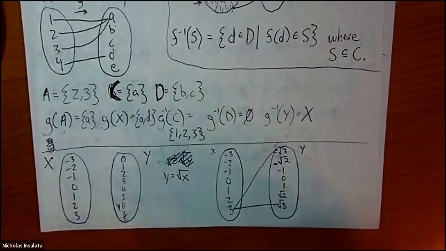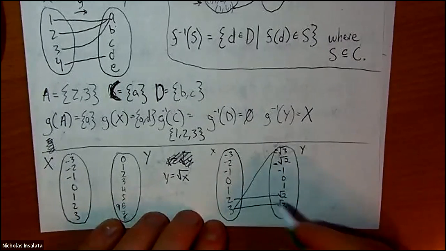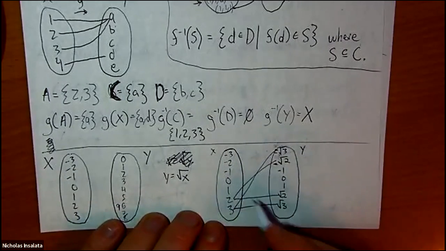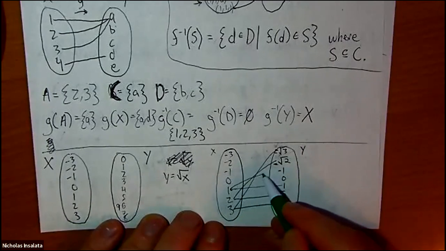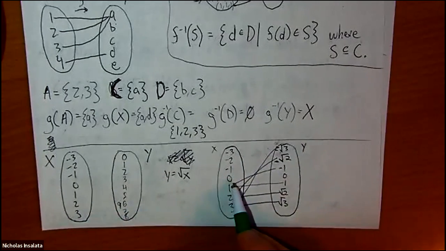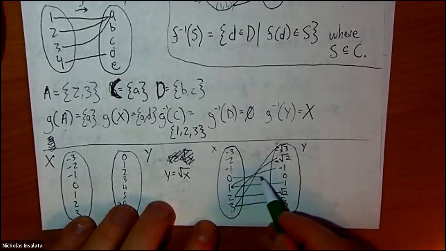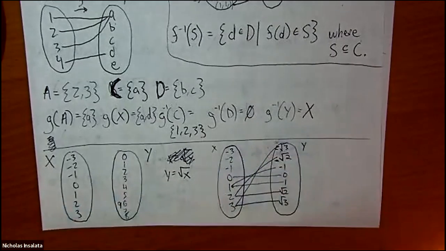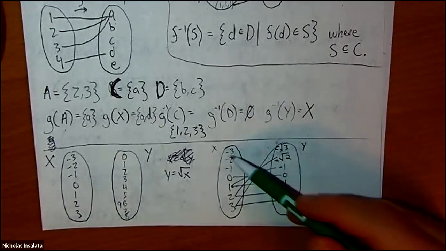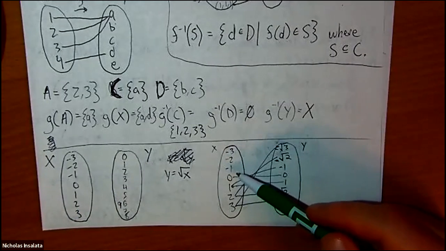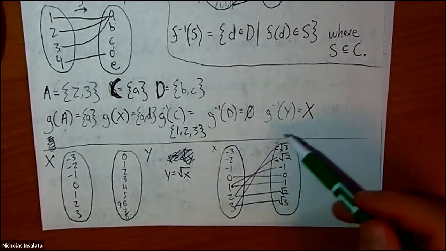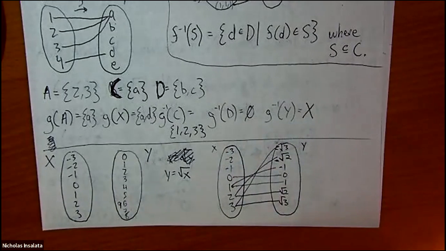Same deal, maps to positive square root of 2 and negative square root of 2. Perfect. And then 1, same deal, 1 will map to 1 and -1. What about 0? 0 maps only to 0. Good. And then what about these negative numbers? Don't map to anything, because those would have to be complex or imaginary numbers, which we don't have in our codomain, right?